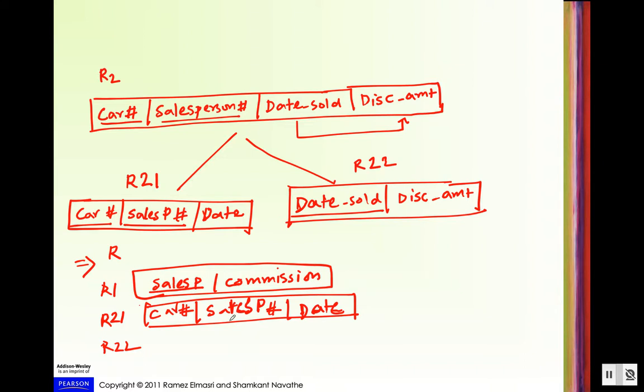And R22 is this one, date sold, meaning date. I'm just writing date instead of date sold. This is actually the same attribute, so this one and this one are the same attribute. Don't be confused, I'm just writing in a shortcut way.